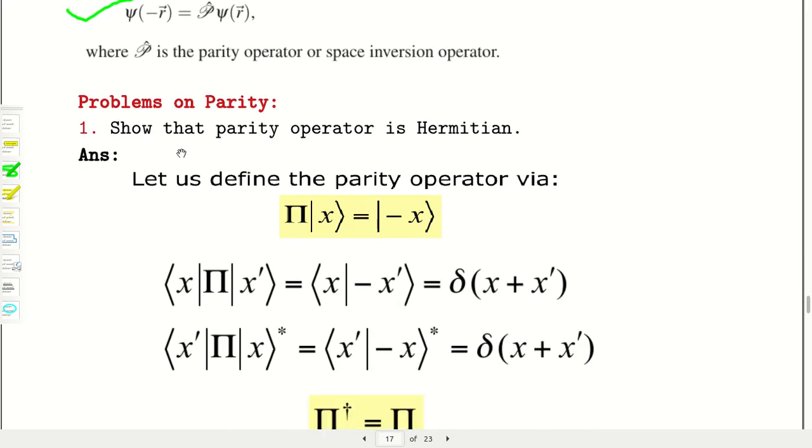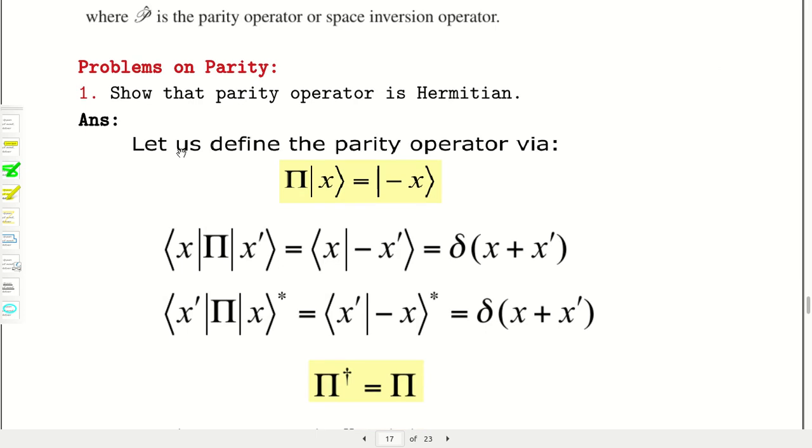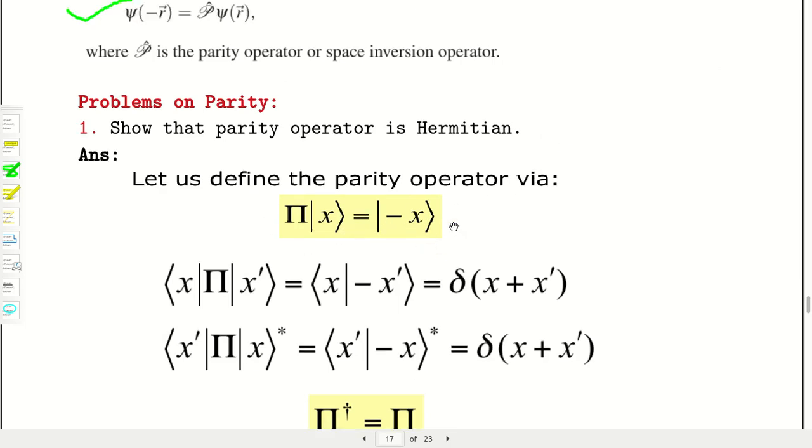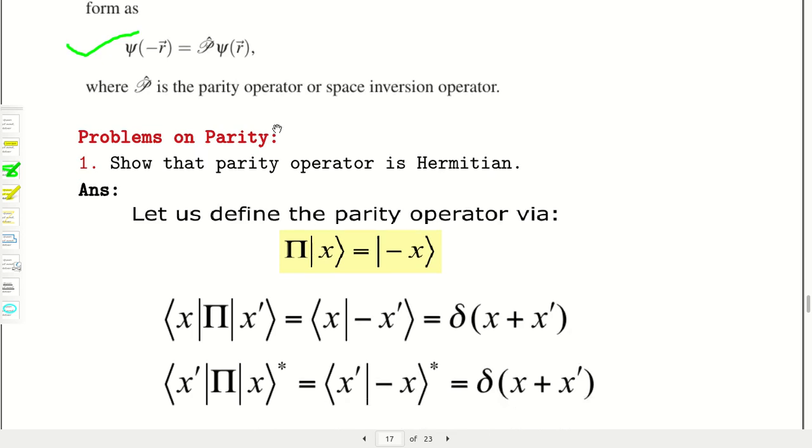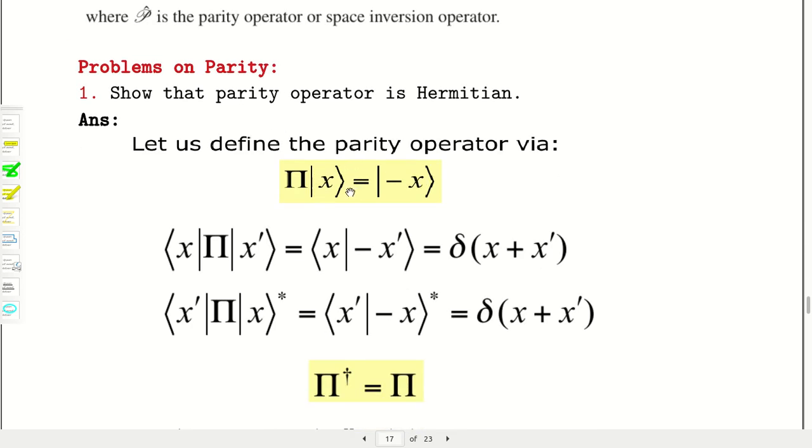Now some problems on parity we can deal with: show that the parity operator is Hermitian. Let us write the parity operation which I have written here, in ket notation. The P operator operating on psi of r gives psi of minus r, and here I have written it with the ket relation: pi is the parity operator, and operating on ket x gives ket minus x.